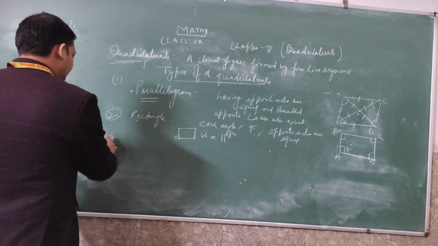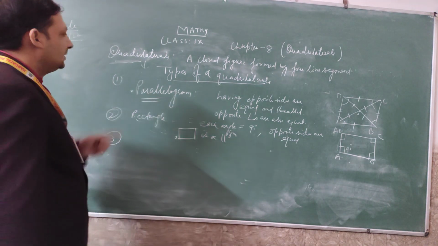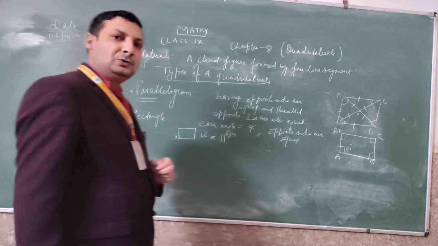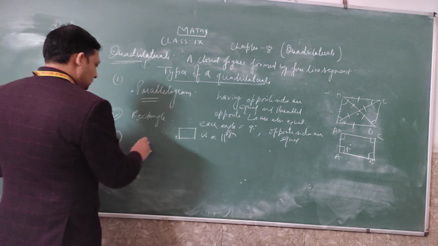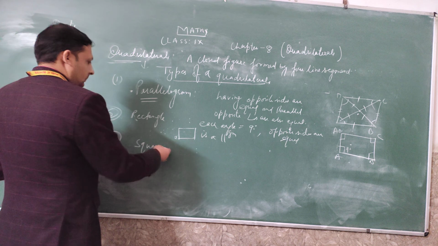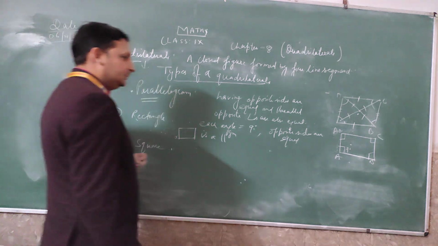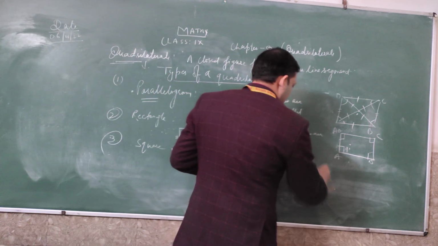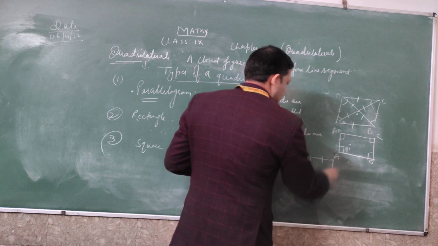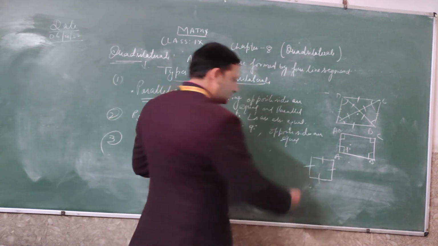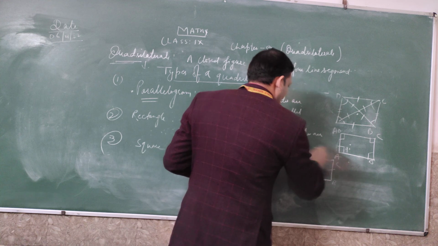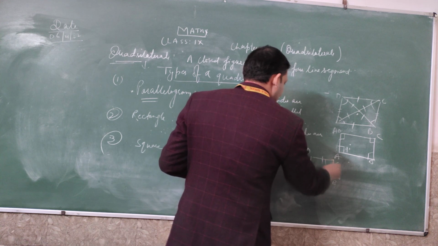Third type of quadrilateral we are going to discuss, that is called square. Square, again this figure, having all sides equal, all angles equal to 90, each angle 90.